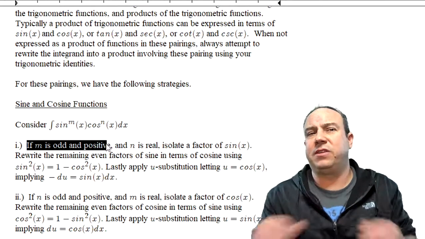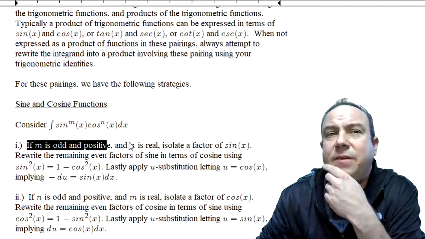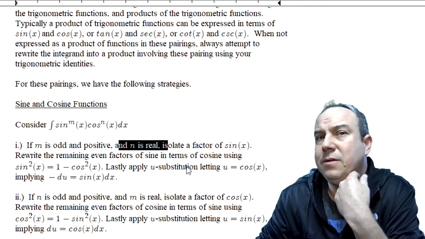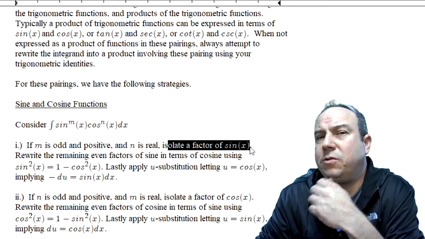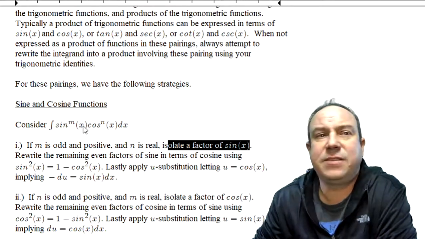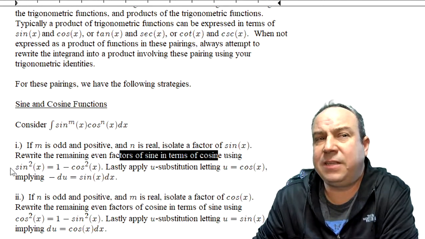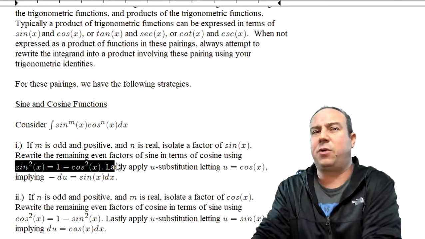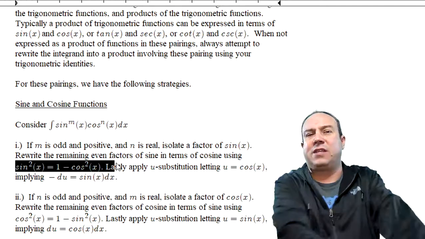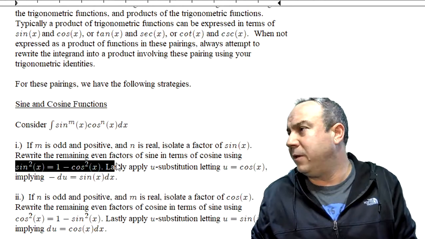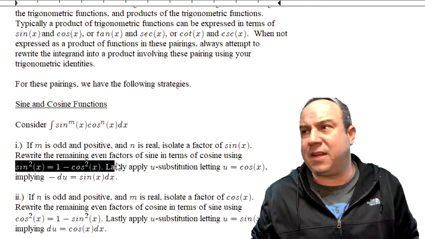First thing we would note is if m is odd and positive and n is just a real number, the strategy that we're told to do is to factor a sine of x and to rewrite the remaining even factors of sine in terms of cosine using the sine squared of x equal to 1 minus the cosine squared of x, using that Pythagorean identity.